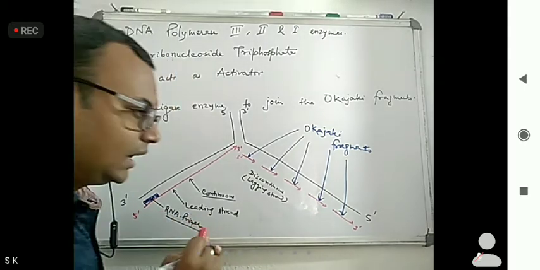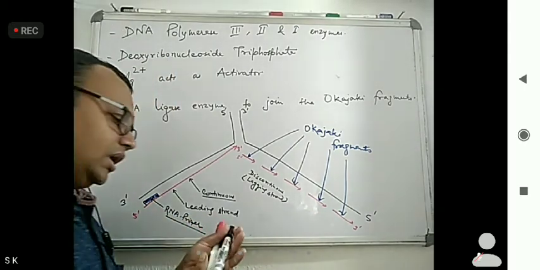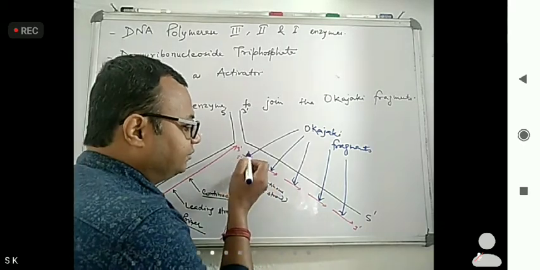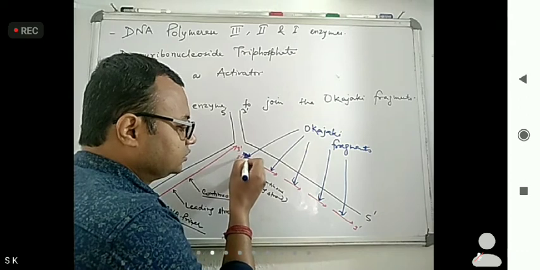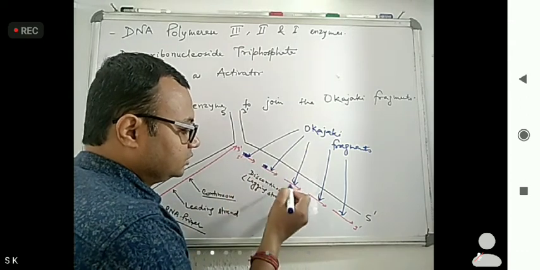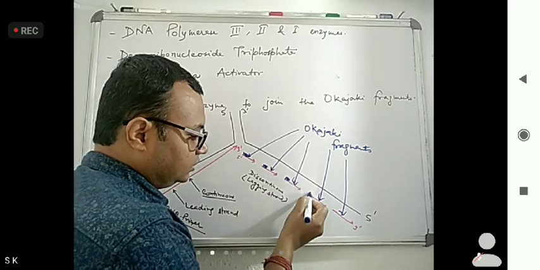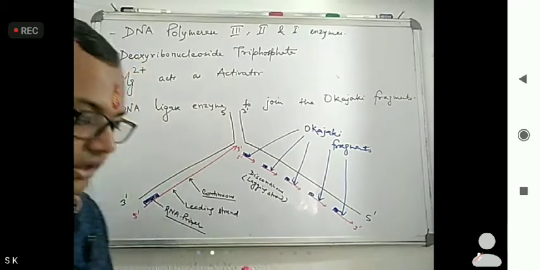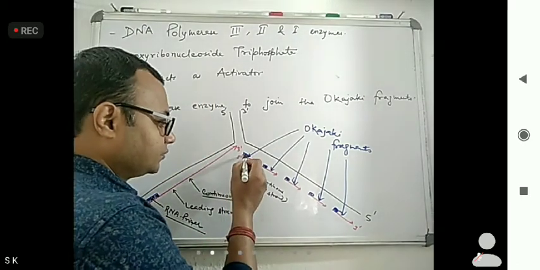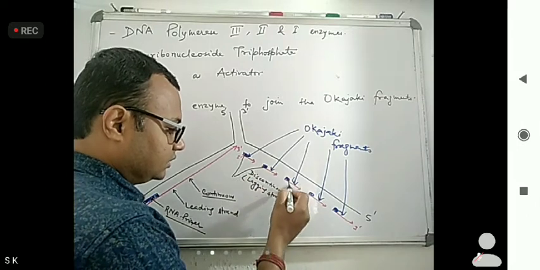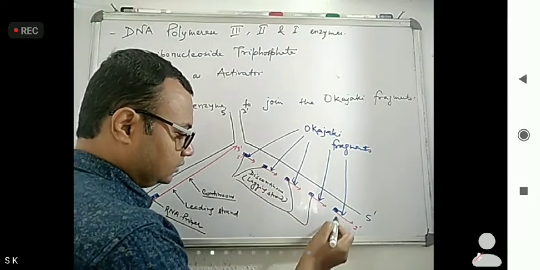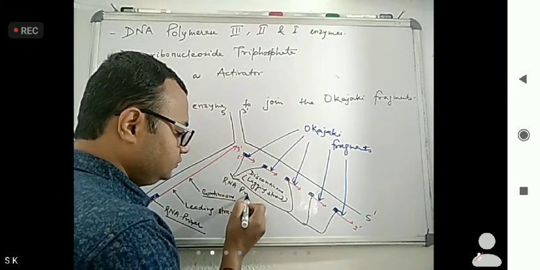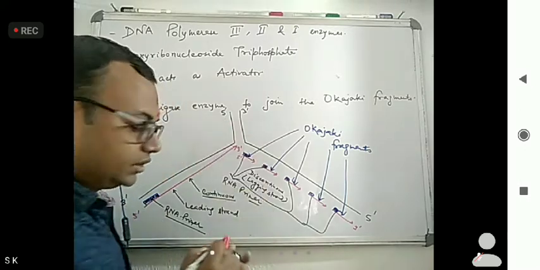Always here also it will come RNA primer because every time they need it. So small, small, small. Everywhere it is starting its synthesis with the help of RNA primer. These all are RNA primer.